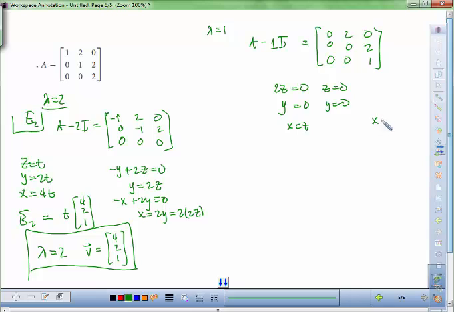So I think we only get one vector out of this. Is that right? We're forced to. That's a bummer.